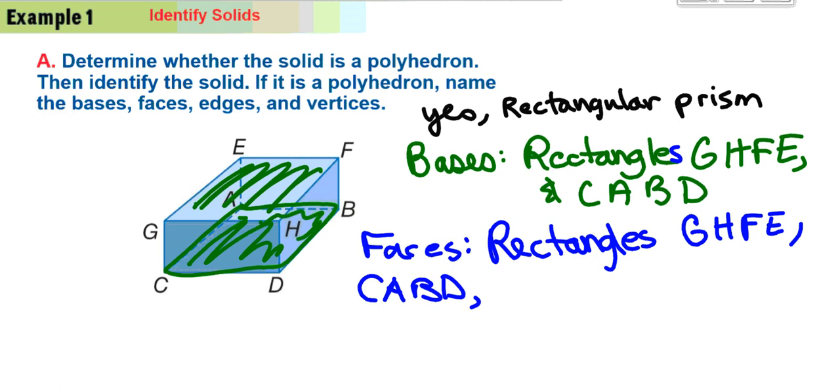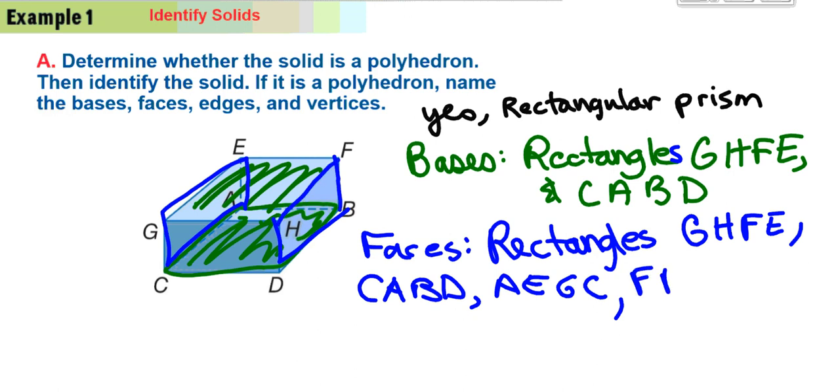And then when you're ready, tell me another one. AEGC is this one over here. AEGC, and then you can tell me another one. FBDH is the kind of this side, right side, I would call it. FBDH. I need 2 more. One of them is what?